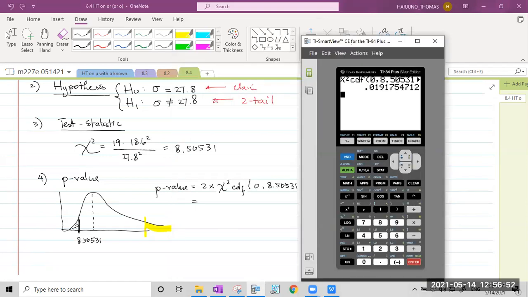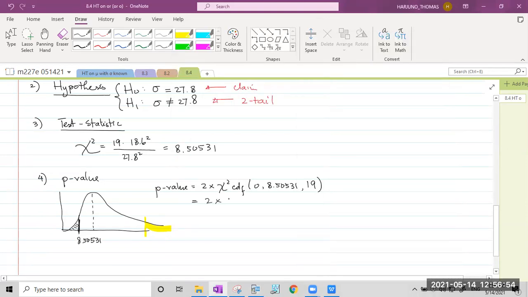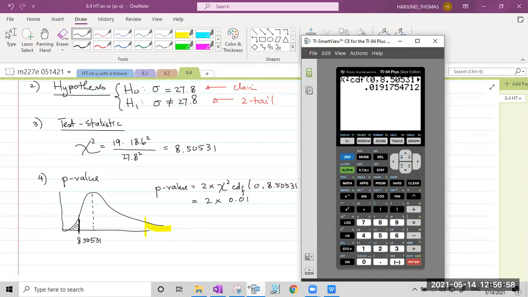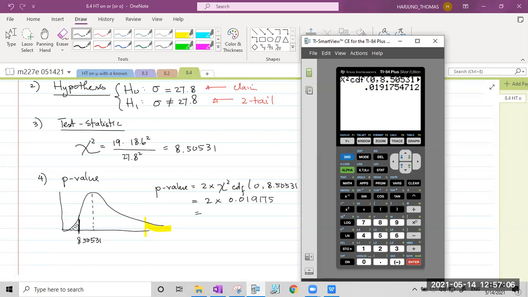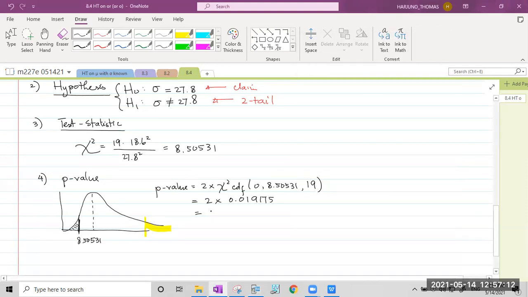I get 2 times 0.019175, multiplied by 2, 0.03835, which is less than alpha 5%.